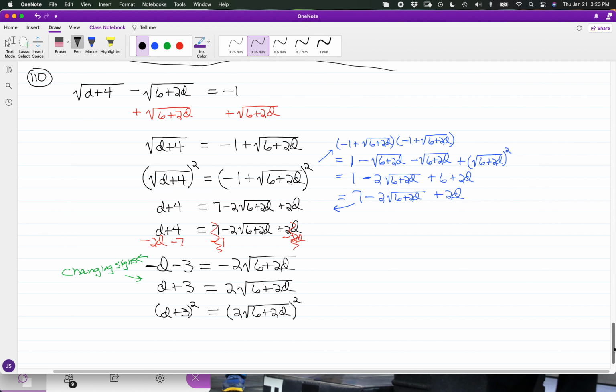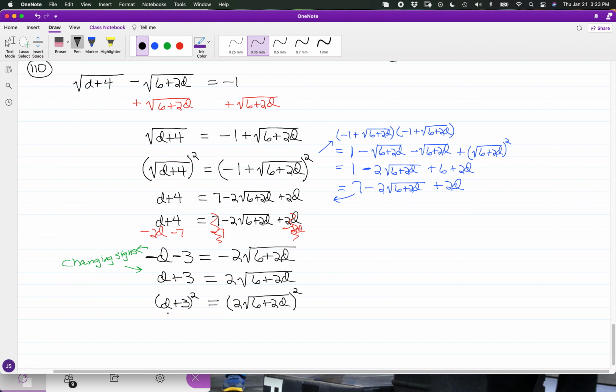Okay, now remember, D plus 3 squared is going to be D plus 3 times D plus 3. So the easy part is the D squared and the last part. But remember, you got 3D plus 3D, which would be 6D. And 3 squared is going to be 9. And then for what we have next, 2 squared is 4. Square root of 6 plus 2D squared is going to be 6 plus 2D.